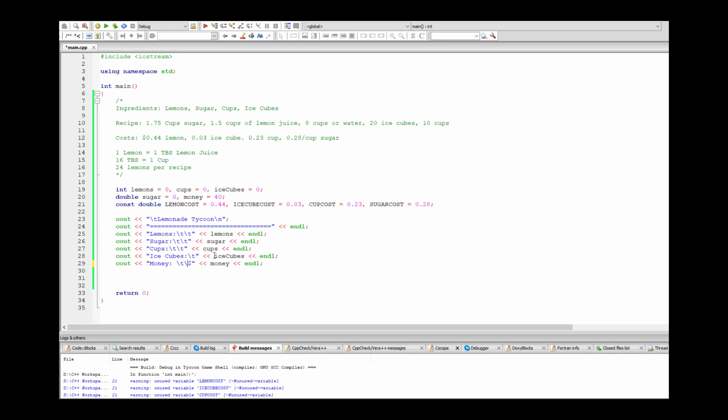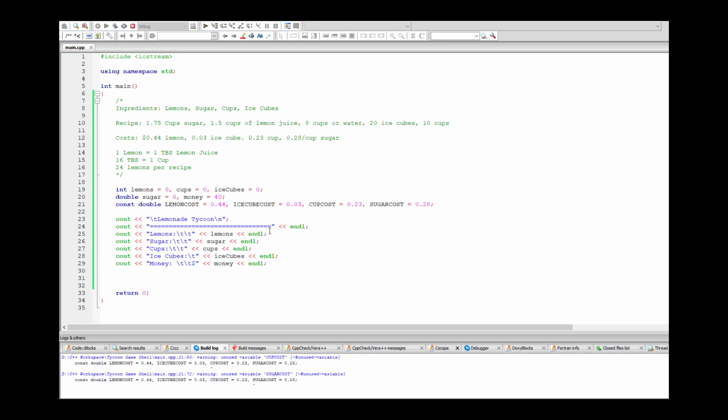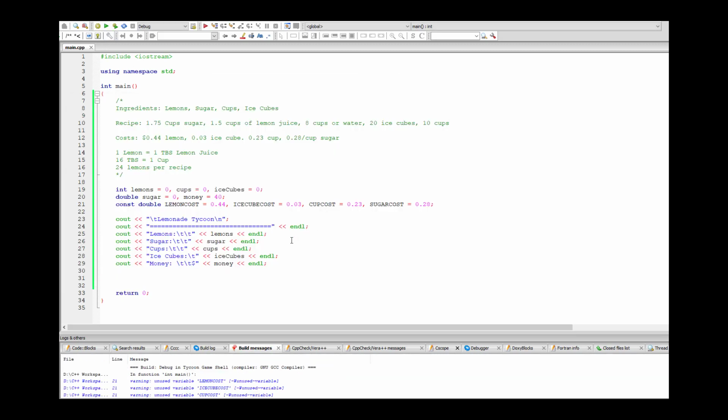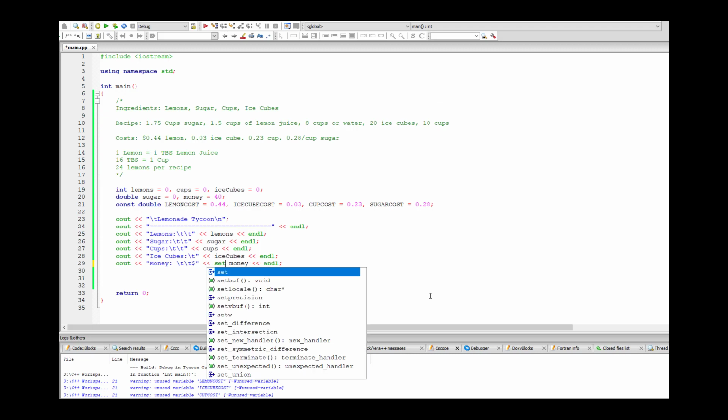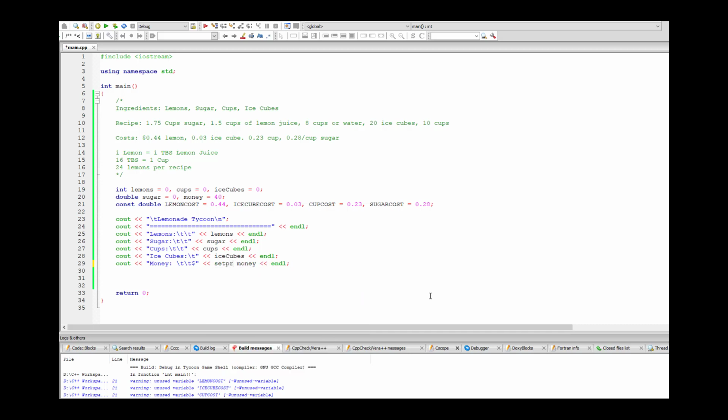Probably need another tab. There we go. Okay, so what we are going to do is set our precision. So we're going to say set precision to be 2 and put it fixed like that.